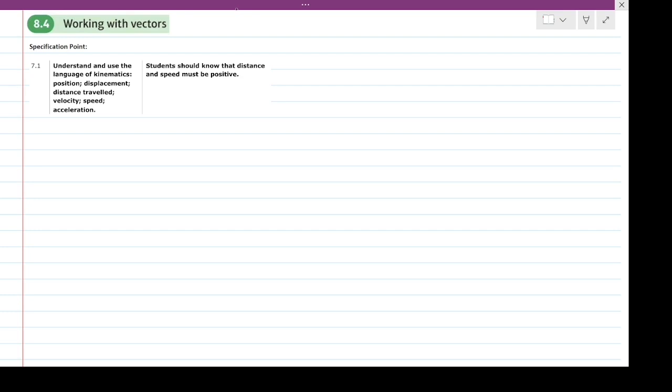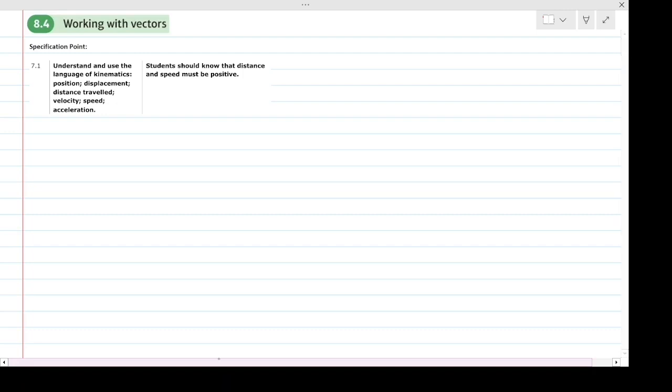So you would be in a good spot if you have looked at vectors in pure maths first. However, obviously this is the start of mechanics, the first chapter. I guess some people might do this at the start of the course. So I'll try and do a very quick rundown of all the vector stuff you need to know for this particular bit here. But if you've already looked at vectors, there should be a recap as well.